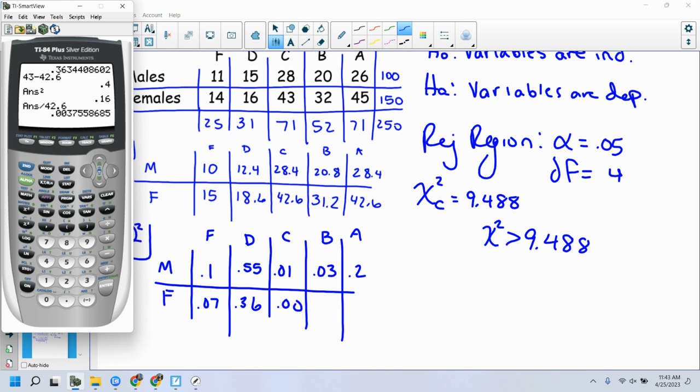Female B. We've got 32 minus 31.2 squared divided by 31.2. Again, another small one. 0.02.